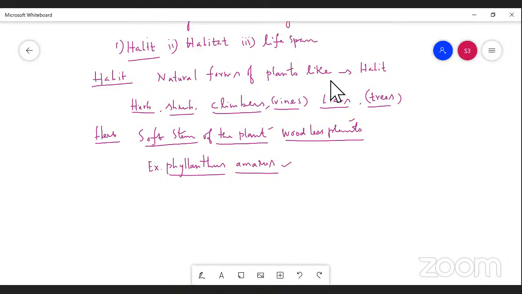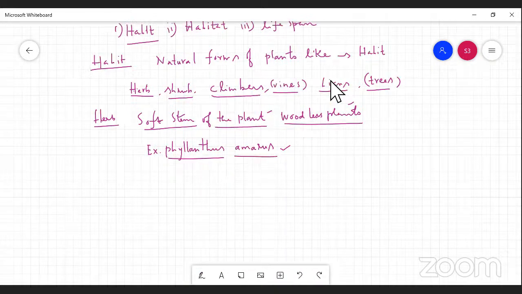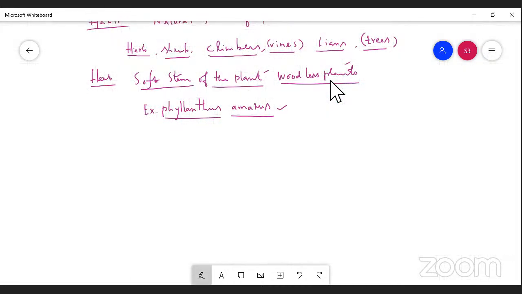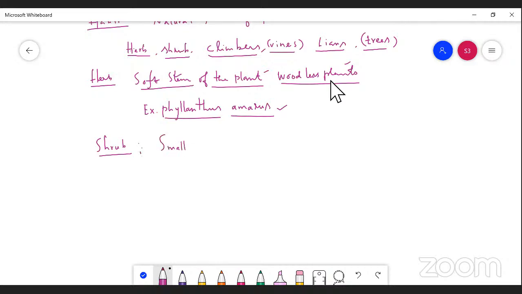Another example is a shrub. A shrub is a woody plant of small height, with a woody stem.